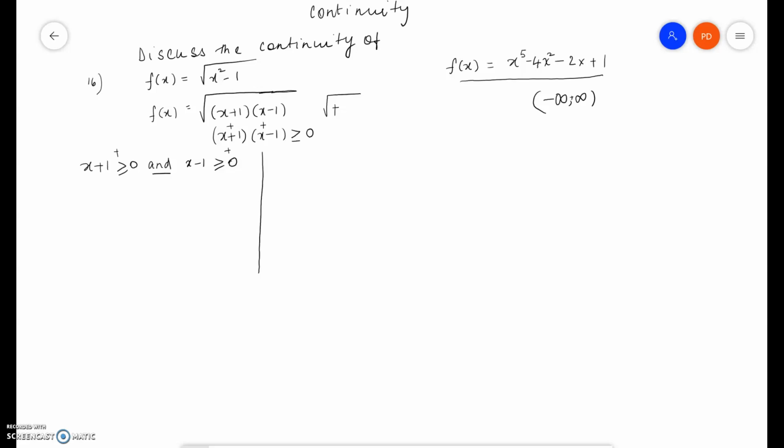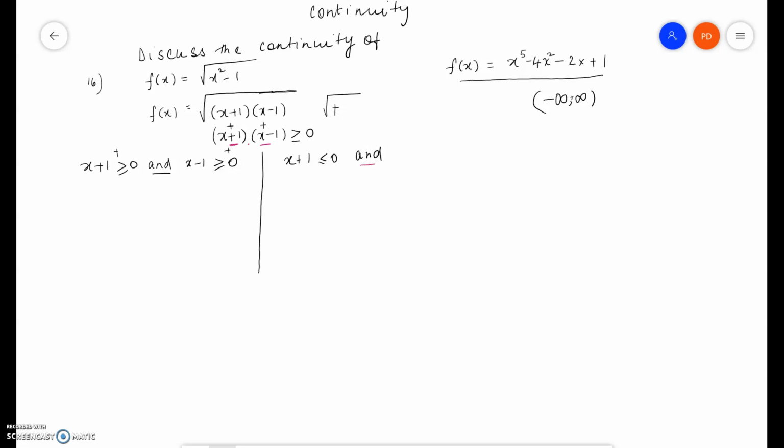The other case is when x plus 1 is less than or equal to 0. In that case, if one of the factors is negative or 0, then the other better be negative or 0, because negative times negative is positive, and of course if one of them is 0, the product is equal to 0, which is still okay.